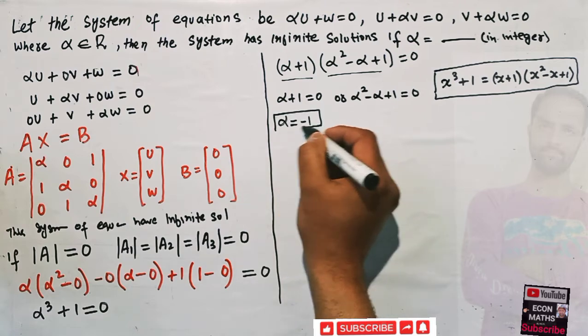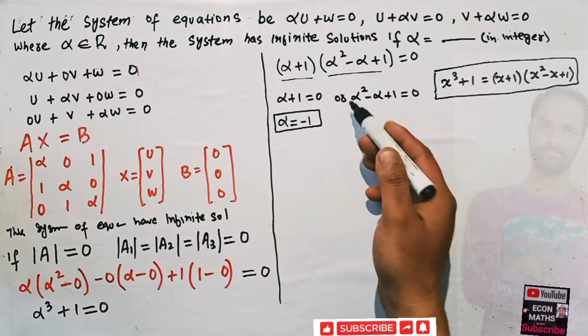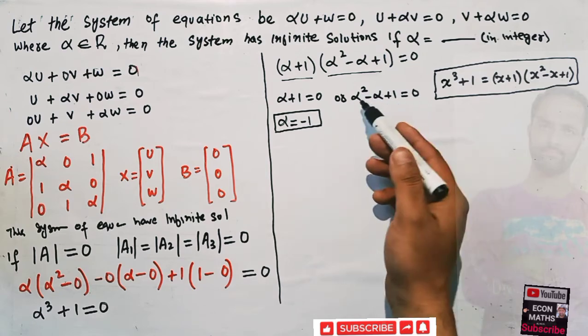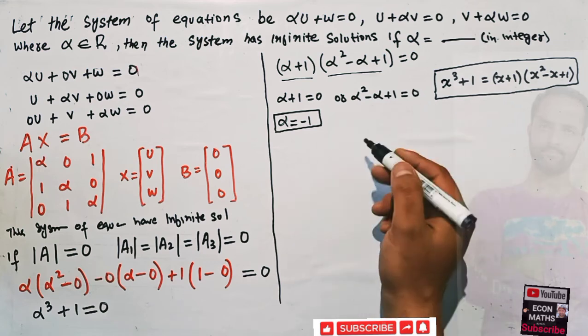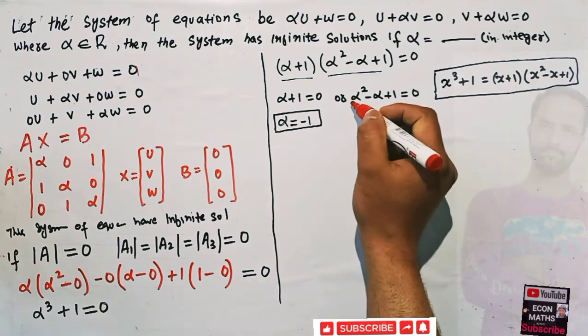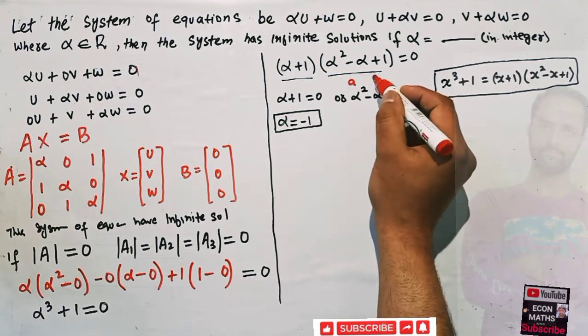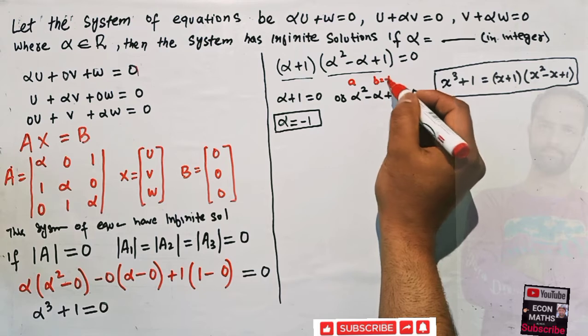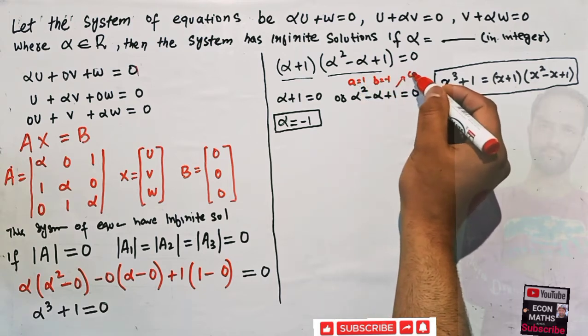If this stuff is equal to 0, then this is a quadratic function. We can use the quadratic formula to get the value of alpha here. And what is the quadratic formula? Let's write here. The coefficient of alpha is 1, so a is equal to 1, b is minus 1, and c is 1.